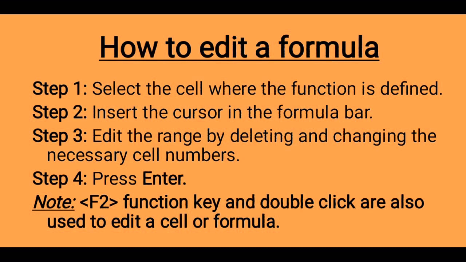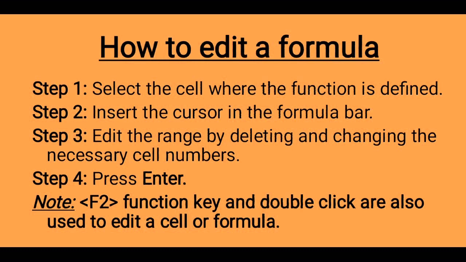Students, sometimes we want to edit a formula. For this we use the following steps. Step 1, select the cell where the function is defined. Step 2, insert the cursor in the formula bar. Step 3, edit the cell range by deleting and changing the necessary cell numbers.